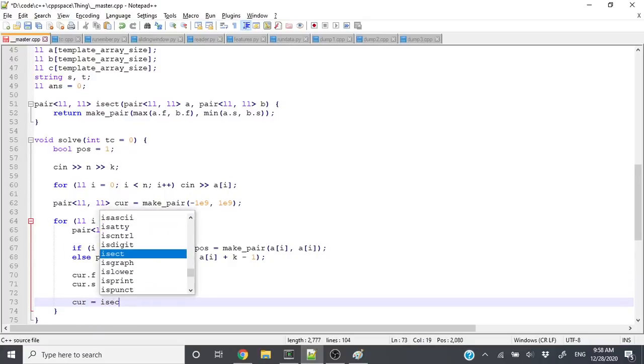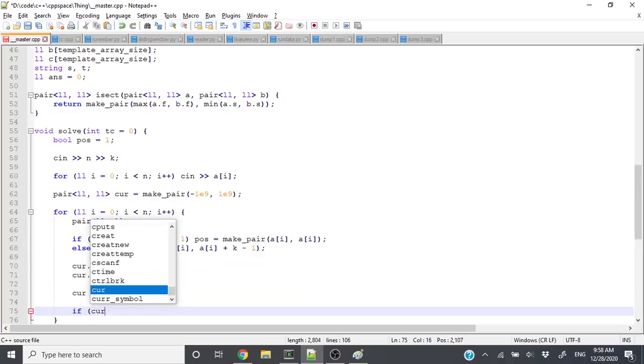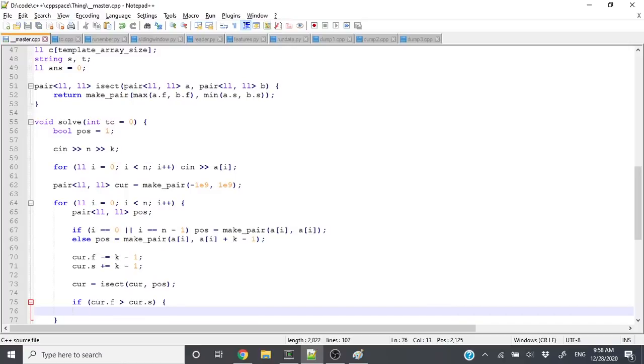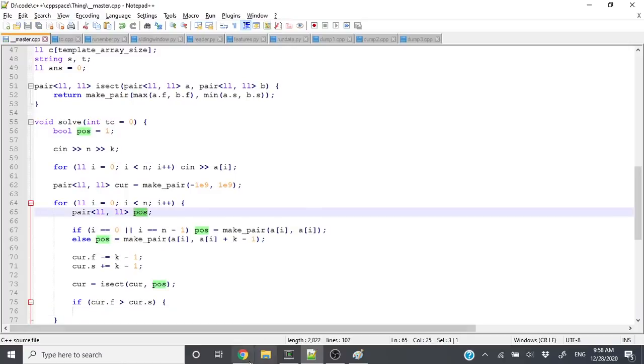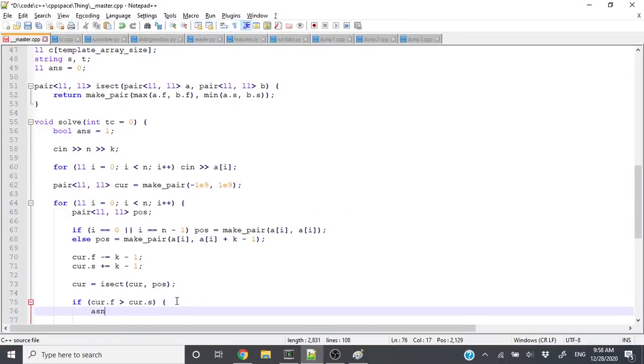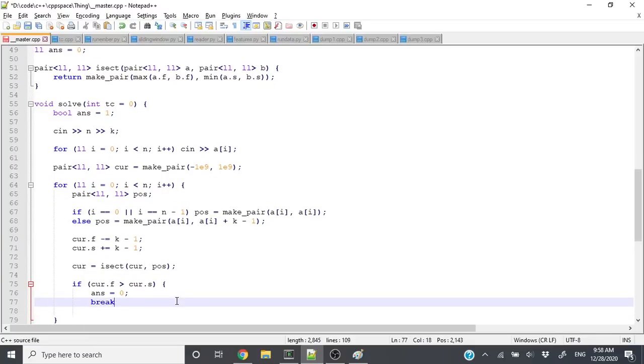Cur equals isect of cur. Wait, I should call this something other than cur, actually I can call this ans, yeah. ans equals 0. Break, because we don't care what happens then.